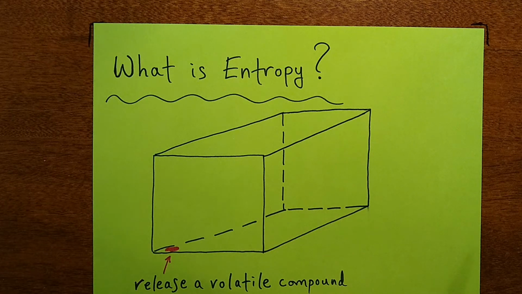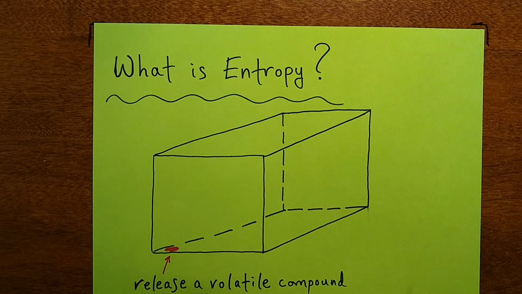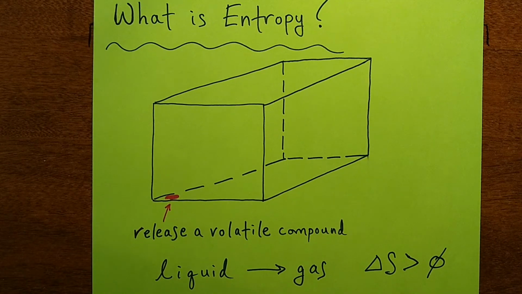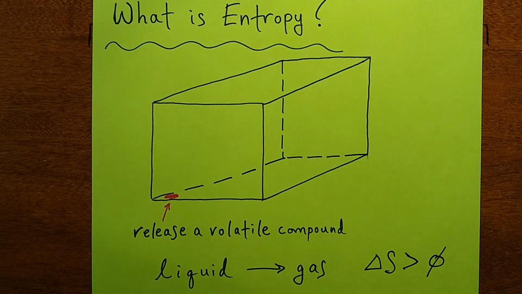Things are breaking down as time progresses. A simple way to illustrate entropy would be, imagine this cube is a room. Let's say you release a volatile compound in one corner of the room: perfume, some sort of volatile solvent, gasoline, things like that. Well, eventually, within a minute or two, you're going to smell that chemical.